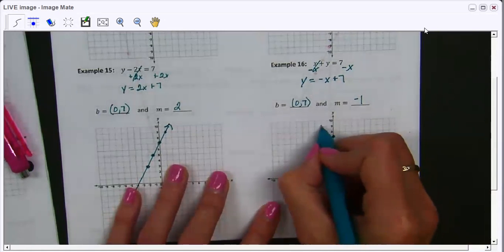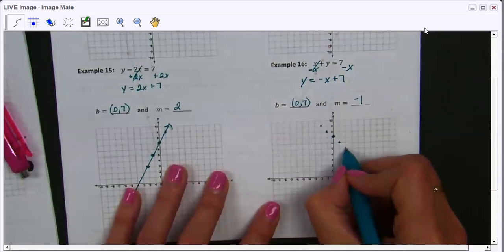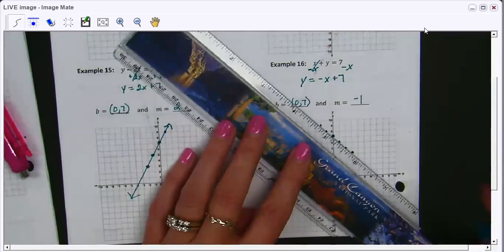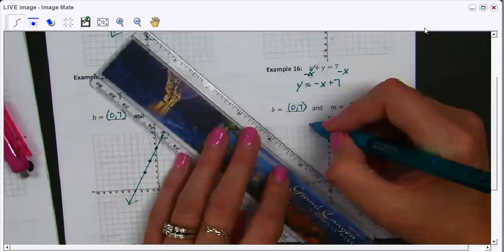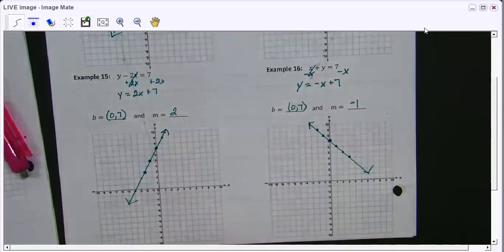And, oh, wait. Paige, was yours a negative slope or positive? Any questions on that?